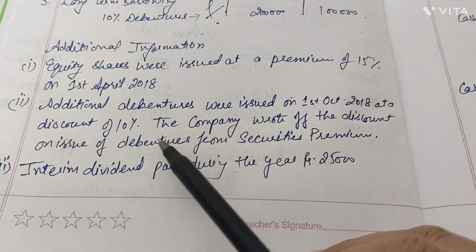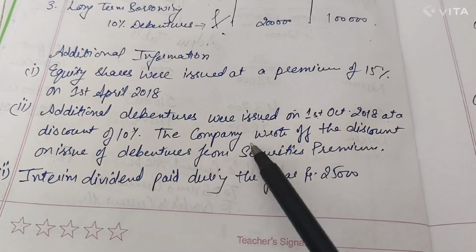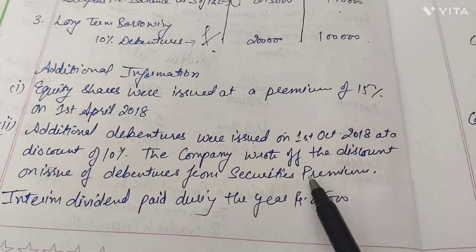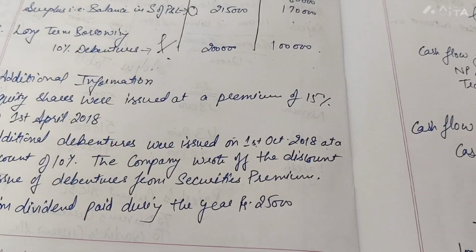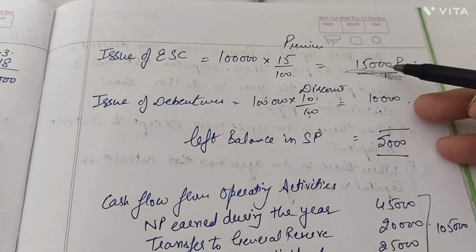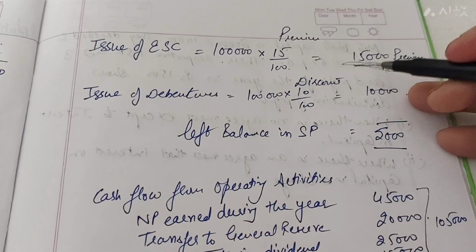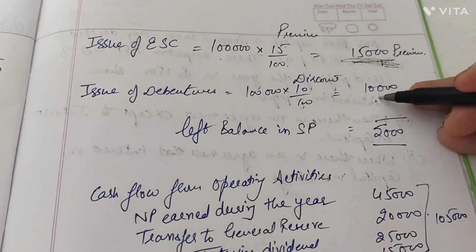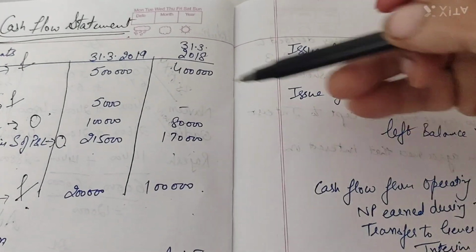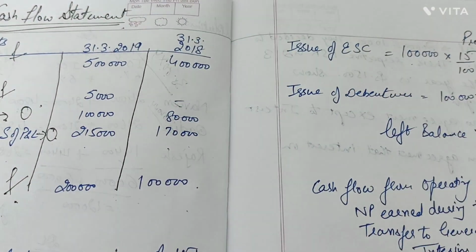Now in this point it's also mentioned that the company wrote off the discount on issue of debentures from security premium. So how much security premium did we actually receive? Rupees 15,000, right? And how much was the discount? That is 10,000. And how much is the balance in the security premium account given to us? That is 5,000 rupees here.